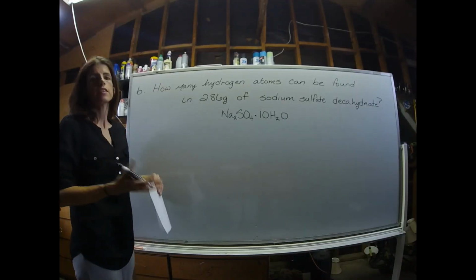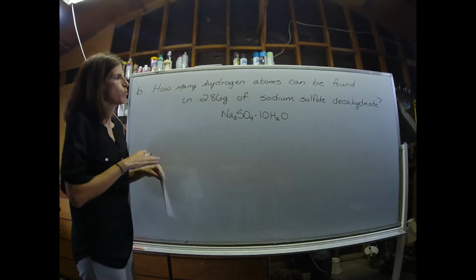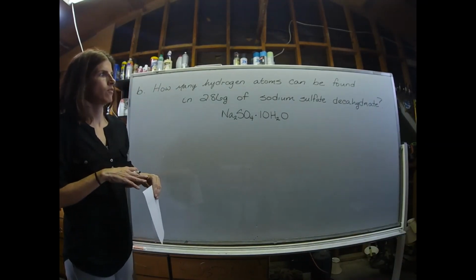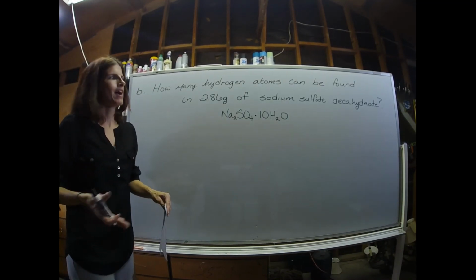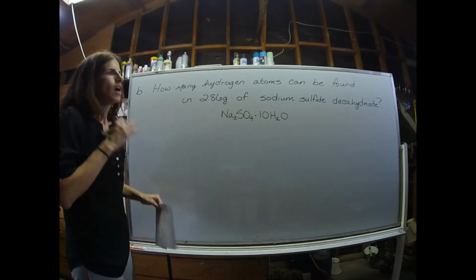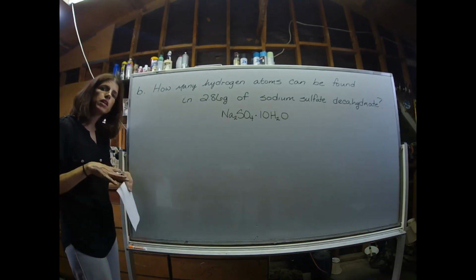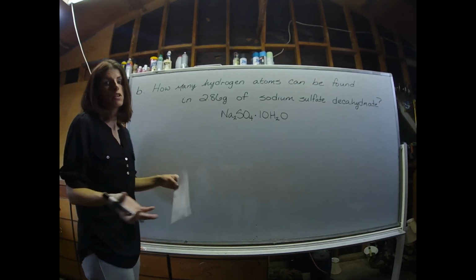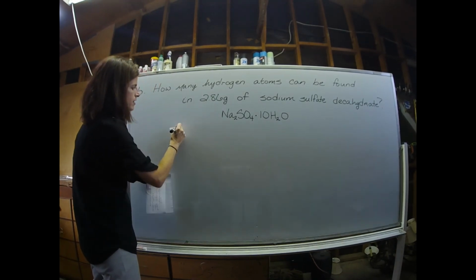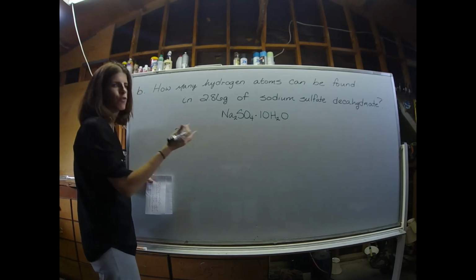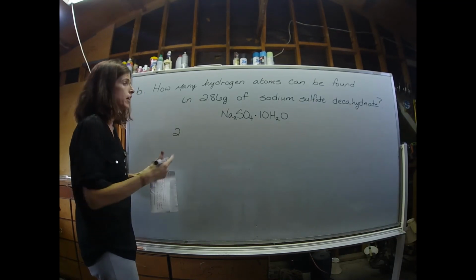To calculate the number of hydrogen atoms in a 2.86 gram sample of sodium sulfate decahydrate, we're going to need the molar mass of the hydrate. I want to go through that very briefly because I know hydrates are unfamiliar to a lot of students. The beginning part will be exactly the same as the process for calculating the molar mass of an ionic compound.